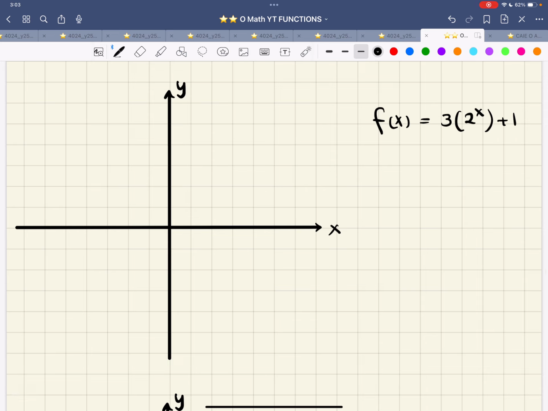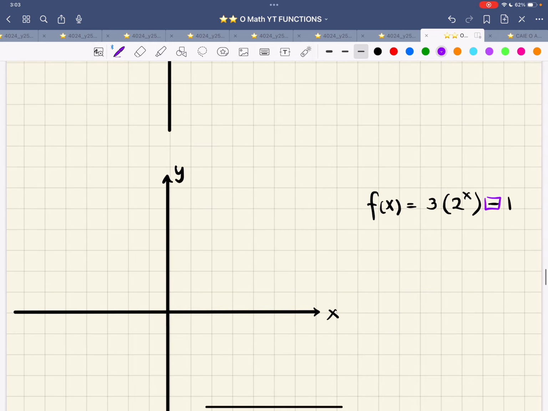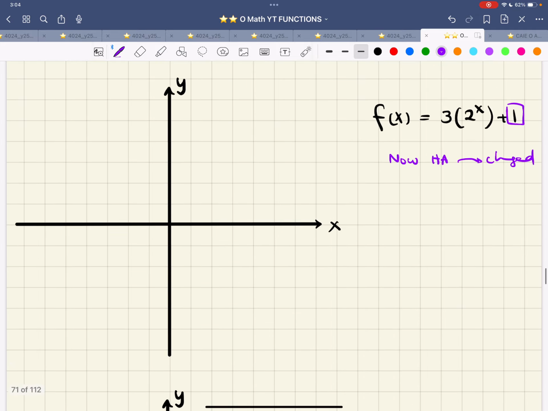So now over here, because of this plus 1, now horizontal asymptote will be changed. Now because of this -1, horizontal asymptote will be changed. Now let's calculate the y-intercept. First of all, let me choose x is equals to 0.